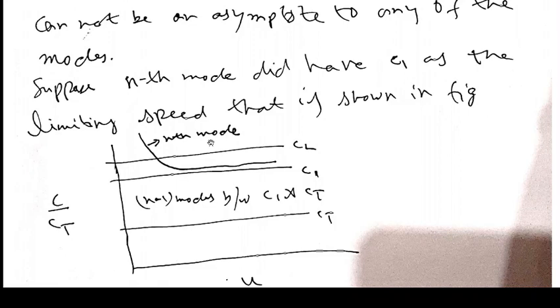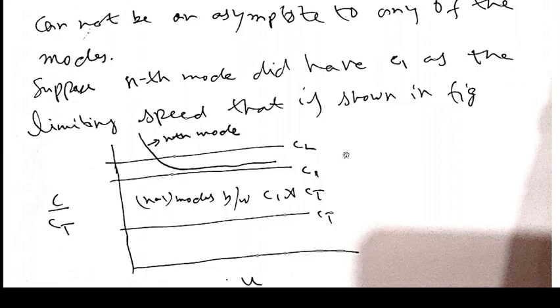So it means that we will have n-1 modes before this nth mode, and they will be between C dash and CT, because we cannot say that any n+1th mode after this nth mode crosses this line CL again and approaches CT, because if so, then the n+1th mode will intersect this nth mode, which is not possible.